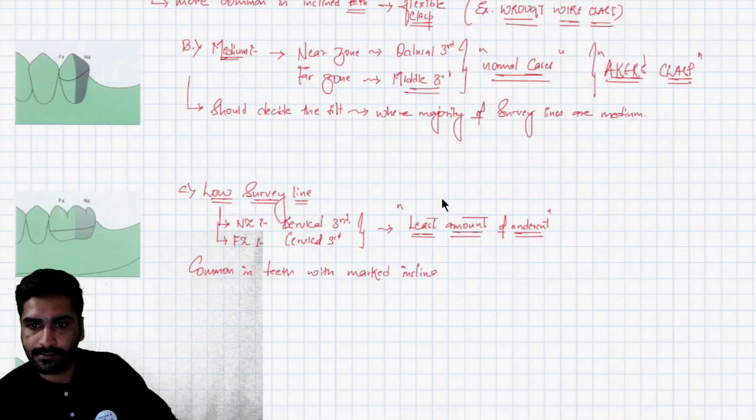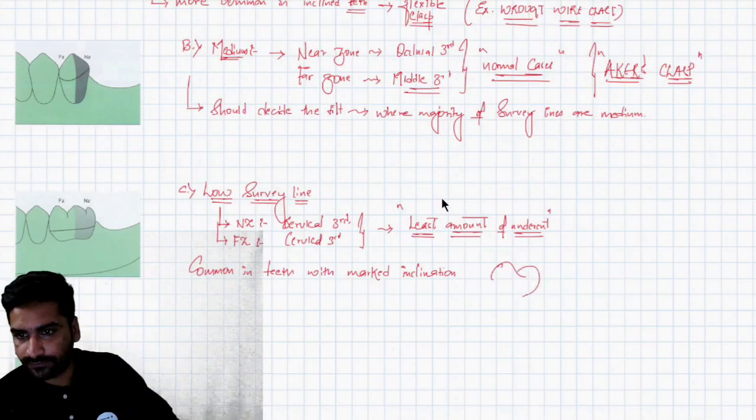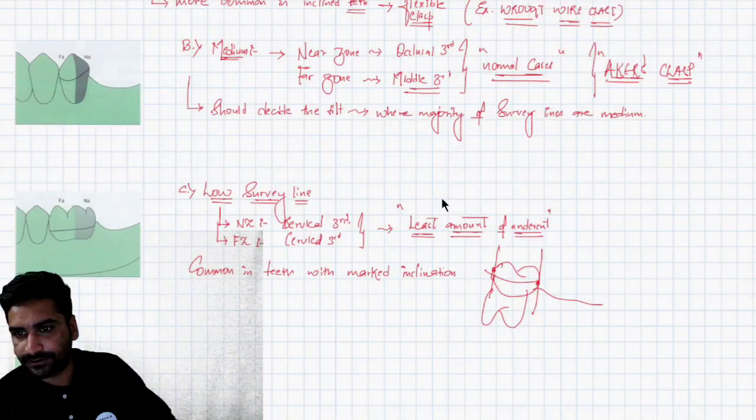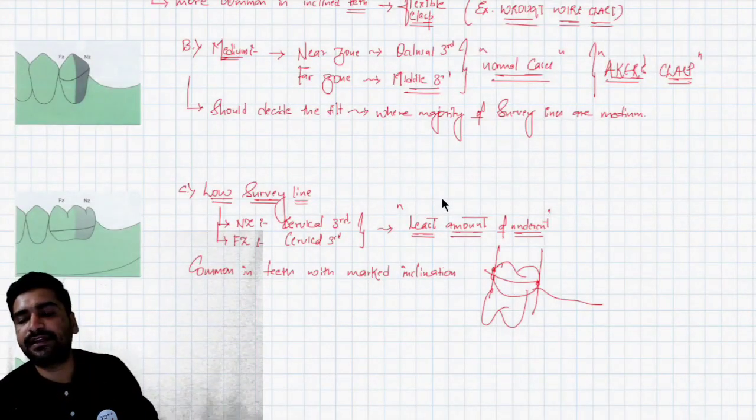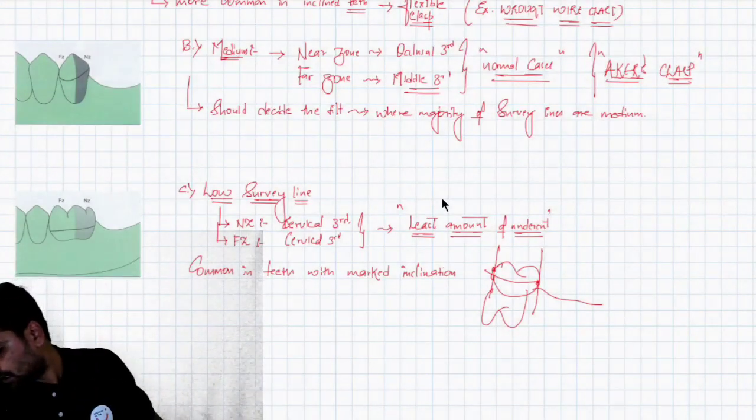So for inclined teeth, yes, we saw in the previous diagram also. Suppose this molar is inclined like this. Over here the survey line will be here. If I see over here, the survey line will be here, right? Or if you have a more fully inclined tooth, again the survey line goes down only.